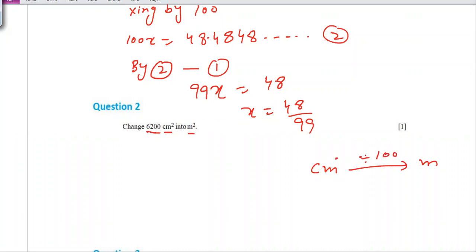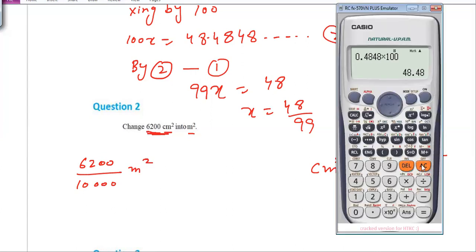So for centimeter square to meter square, double the number of zeros. Apply this rule on this one. 6200 divided by 10,000 will make it meter square, because it was centimeter square before.